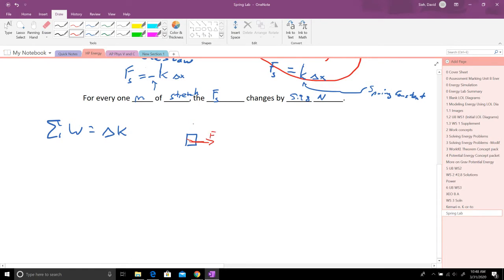And we look at it as this object moves through some distance. I know that the work done by this force is equal to that force dotted with the distance it pushes through. And that's how we derive it.